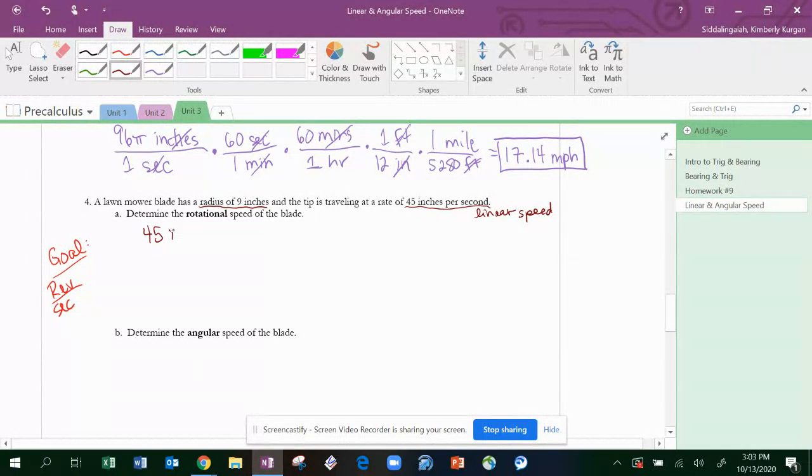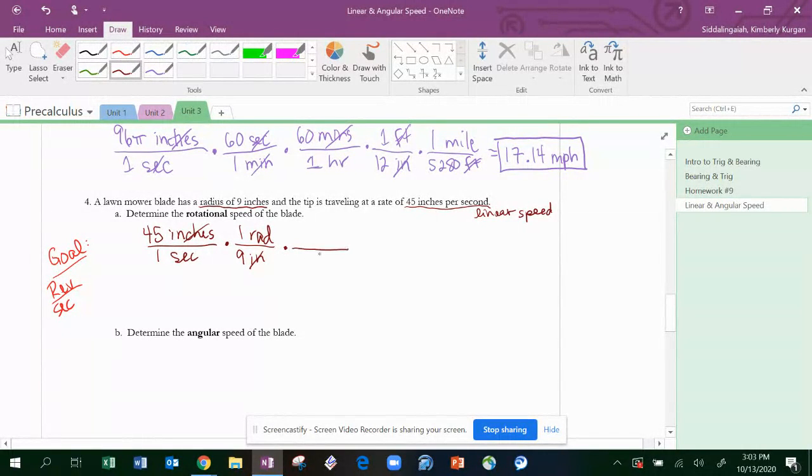We have 45 inches per second. So the second's okay, we just need to get to revolutions somehow. So we need to cancel the inches. So that means I'm going to do 9 inches is to 1 radian, not revolution. Thinking ahead.